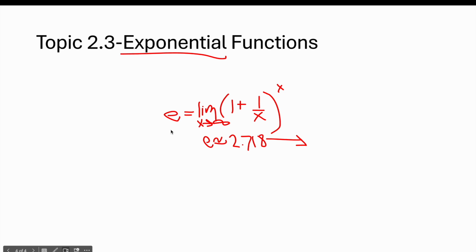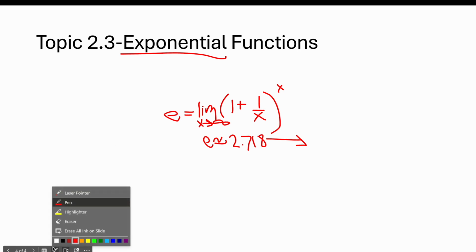So what will we be using e for in exponential functions? It can be rewritten in our y equals a times b to the x formula as a times e to the power of kx.